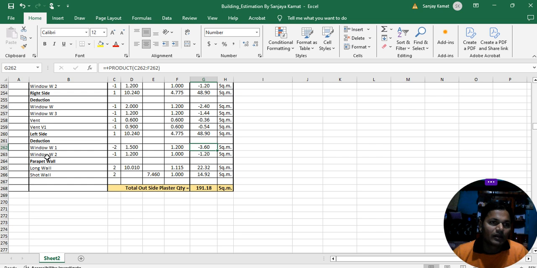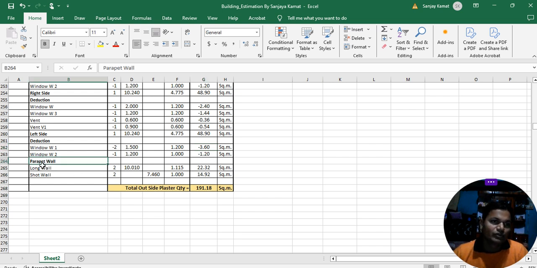Okay, and window W2 will be how much? Number is 1, length will be 1.22 meter, and thickness will be 1 meter. If you multiply these three terms, you will get minus 1.20 meter square area.